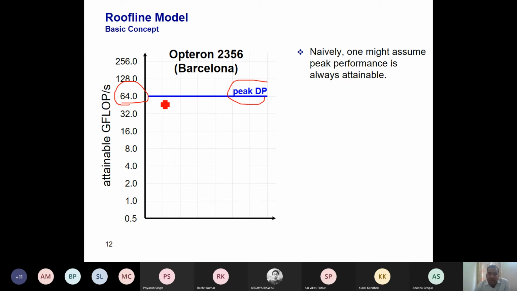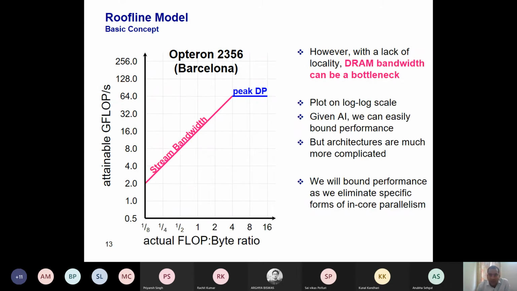Now we may assume that you will get this performance, but no, you can't. First of all, we have already discussed that DRAM bandwidth will be a bottleneck. You will have a certain DRAM bandwidth. So if your AI is small, you can't get this peak performance. Your actual performance will be less.